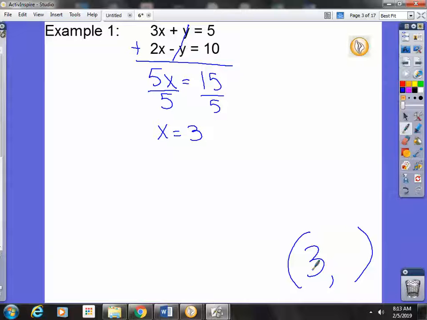Let's put this value back in, just like we did on substitution, put 3 back in for x, and solve one of these equations for y. It doesn't matter which equation I use. I think I'm going to use the first equation. So in place of x, I'm going to put 3.